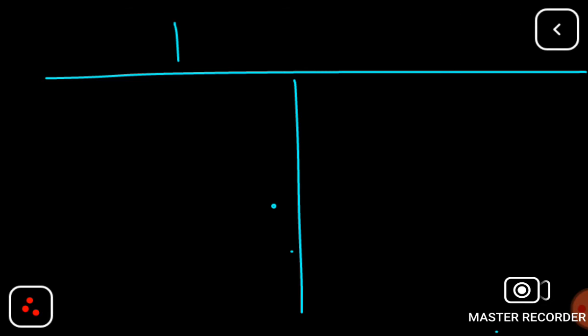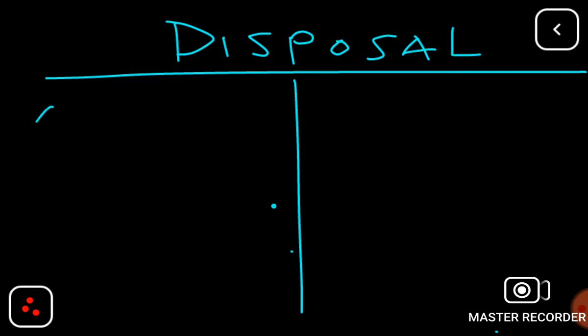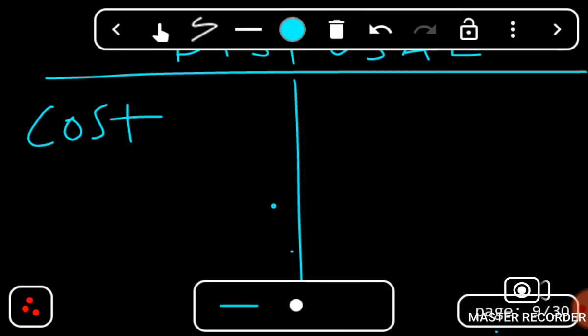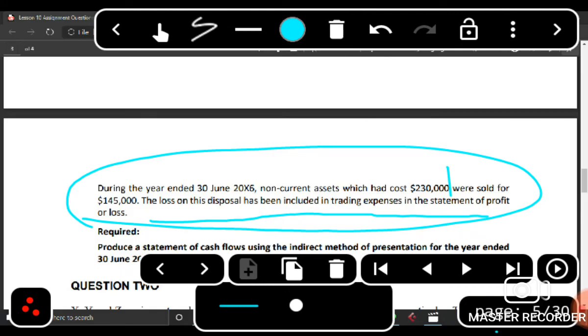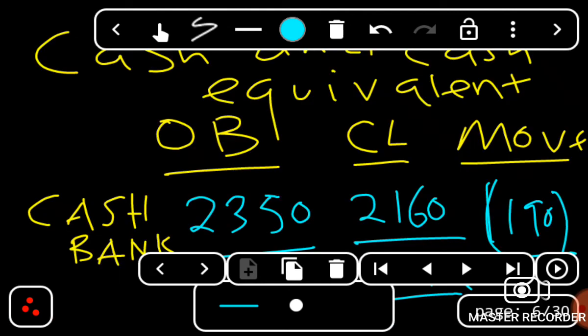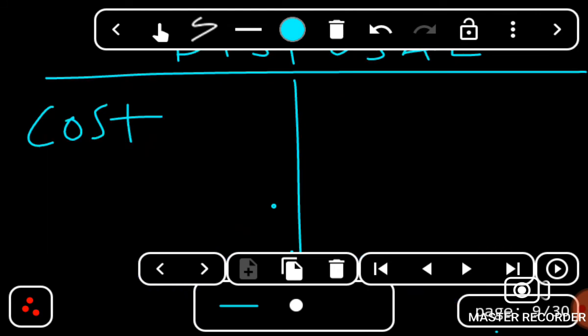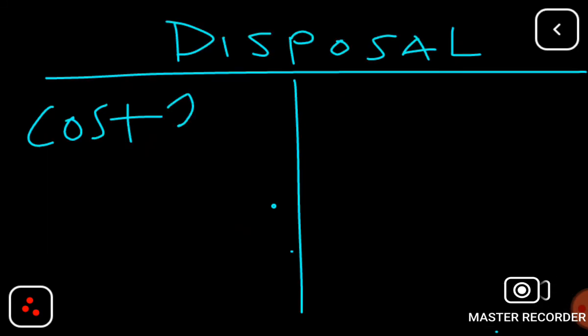We want to know the loss that we incurred after selling off. Now, remember that in your disposal account, there are only three things that enter: the cost at which you bought this asset at first, the accumulated depreciation, and the cash that you sold it at. In the question, under additional information, it said this asset was costing 230, so you put the 230 there.